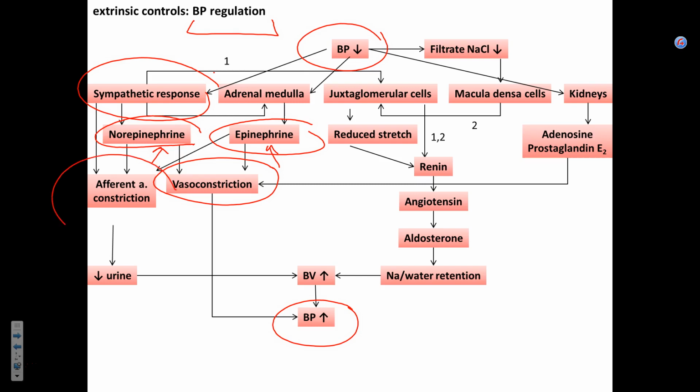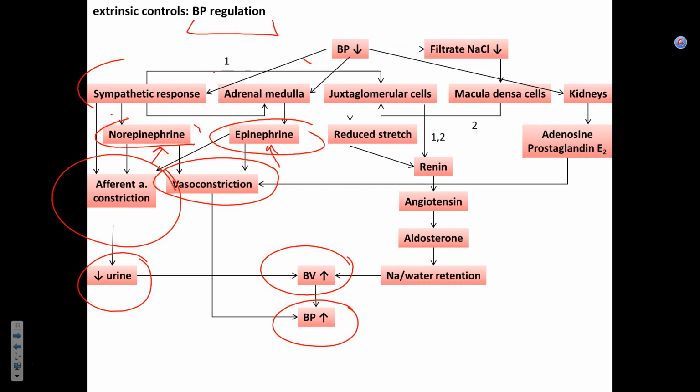Okay, so that is exemplified here. Afferent arterioles will be constricted, urine volume will decrease, blood volume will increase. Another response that is going to be mediated by kidneys is mediated by juxtaglomerular or granular cells. In response to sympathetic activation, juxtaglomerular cells will release renin directly.